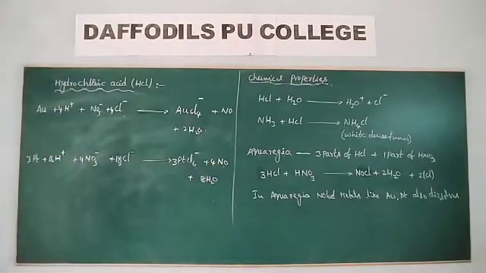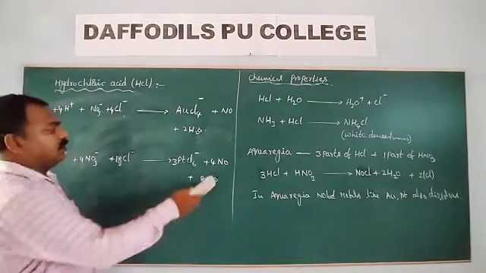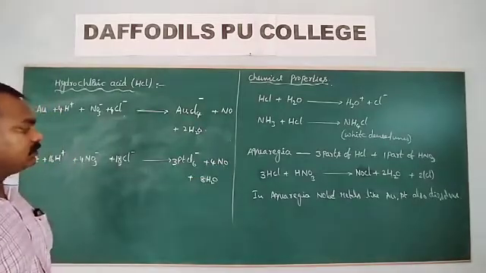So this is the balanced equation for the reaction of gold and platinum with aqua regia. Gold and platinum react with aqua regia and nitrosyl is formed.